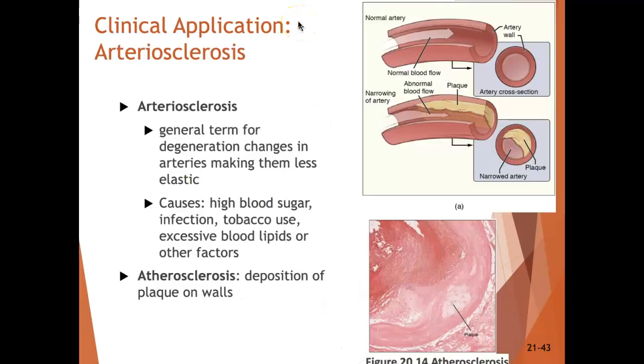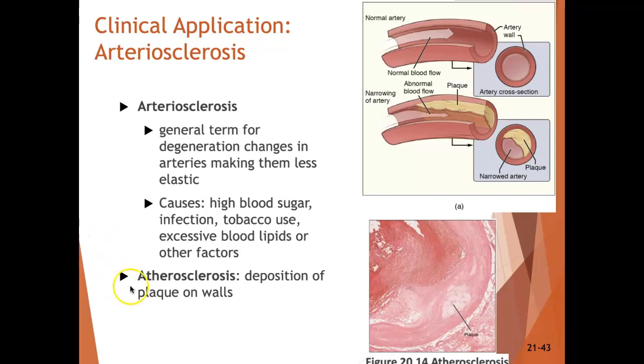Now for our clinical application on arteriosclerosis. Arteriosclerosis, notice it's not atherosclerosis, is a general term for degenerative changes in our arteries that makes them less elastic. So this could be due to high blood sugar, infection, tobacco use, excessive blood lipids, or other factors.